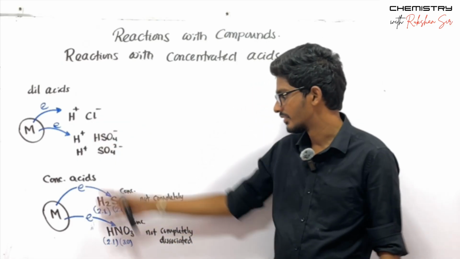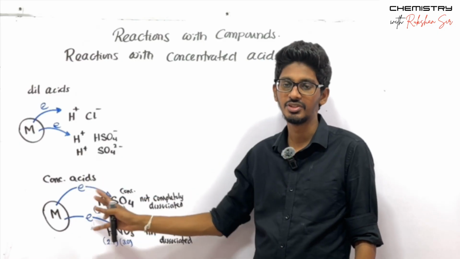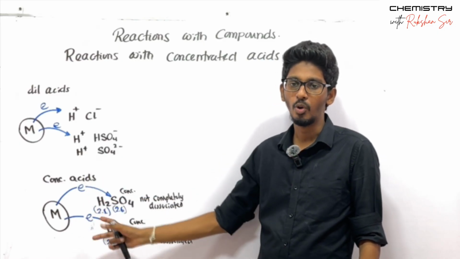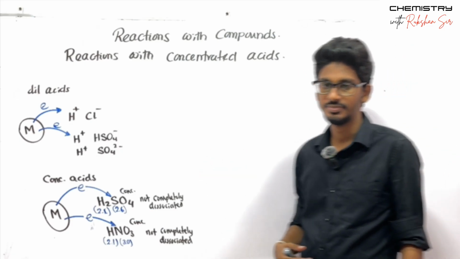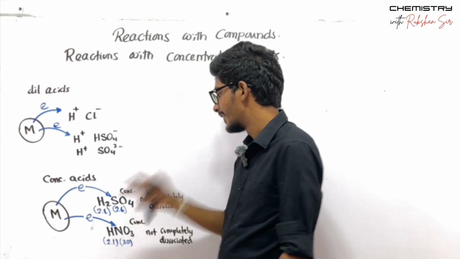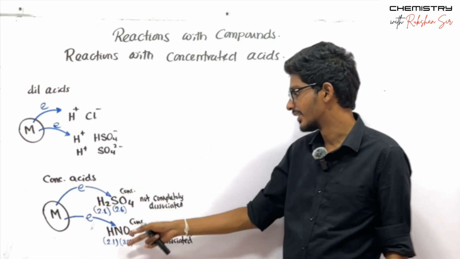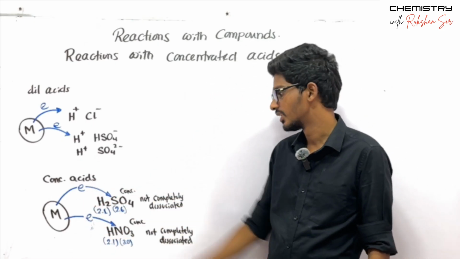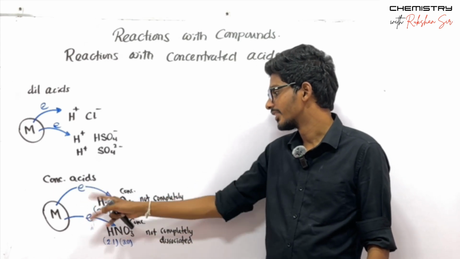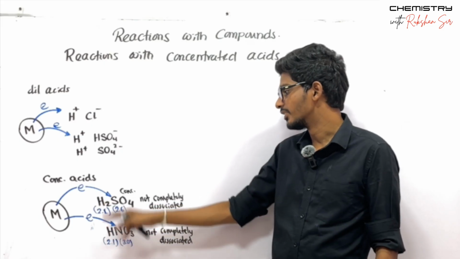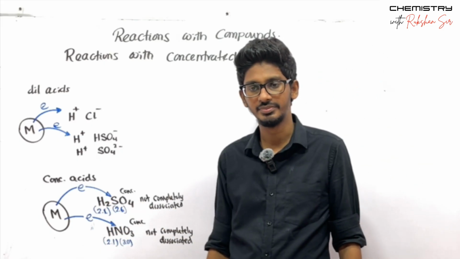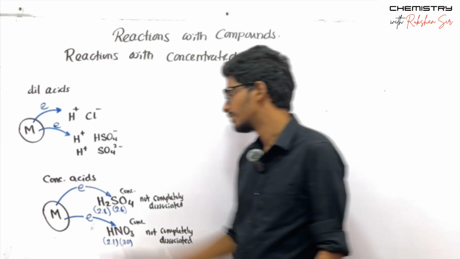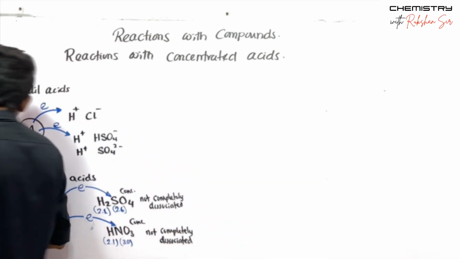But with the conc acids, you do not have a sufficient amount of water molecules to polarize those OH bonds to provide the H pluses to the medium. So most of the conc acid molecules appear as undissociated, so the released electrons will be grabbed not by the hydrogens but by the sulfur and nitrogen in conc sulfuric and conc nitric. That is the picturized idea with the reactions of conc acids.